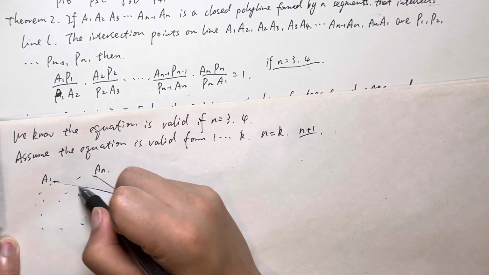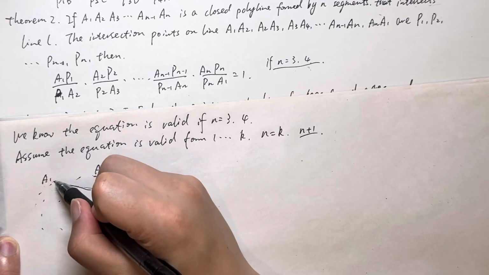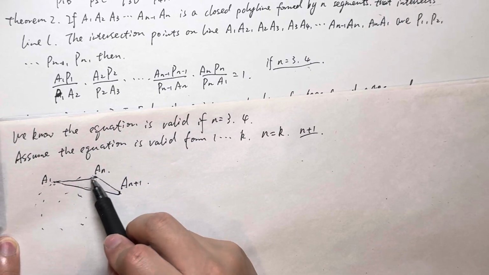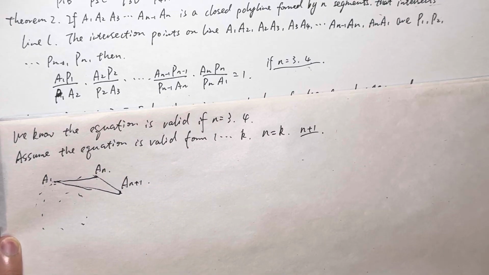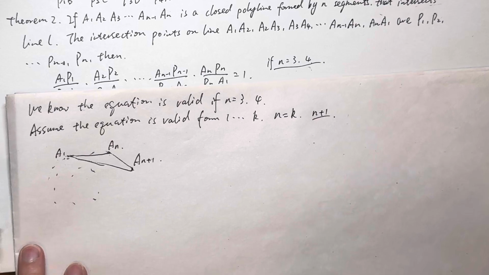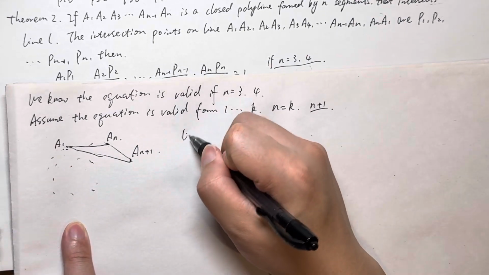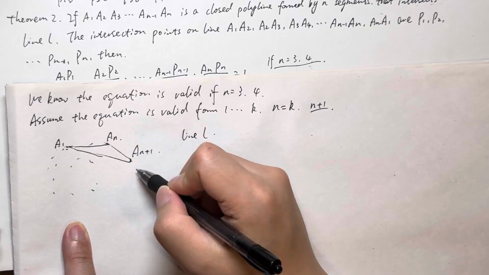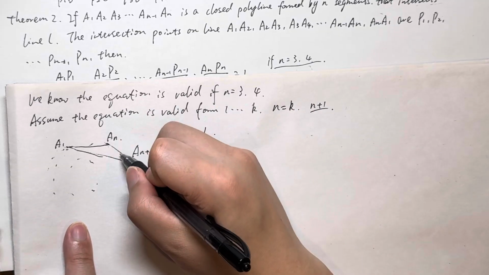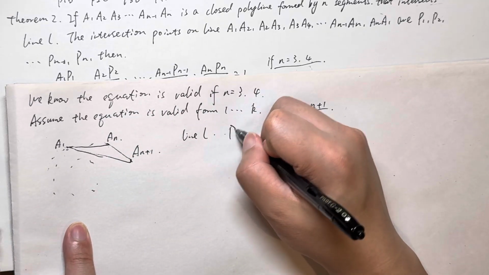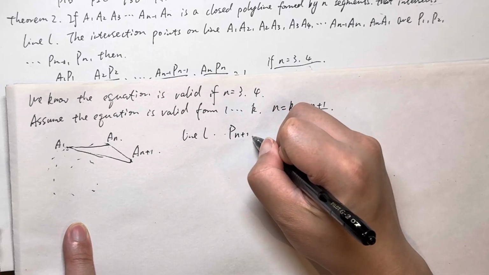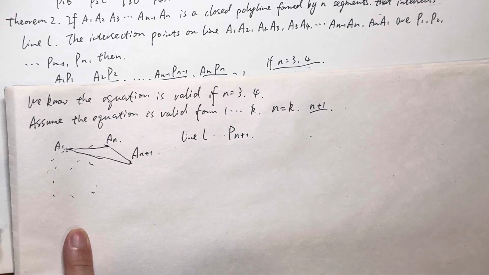So you can see that we didn't use a line A1An, but let's keep it there, right? And we know that the line L intersects An An+1 on a new point, which we can call Pn+1, right?